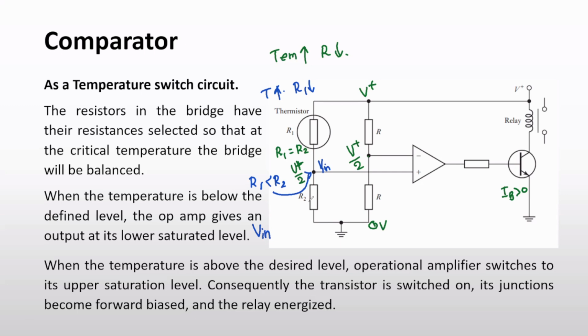R2 is greater than R1, so V in will be greater than V plus over 2, because from 0, this is a greater value. So the voltage here will pass the half of the supply voltage. Now you know V in is higher than half of the supply voltage.